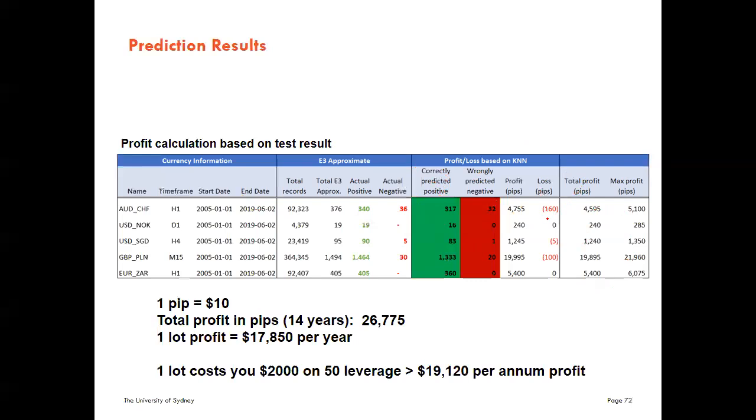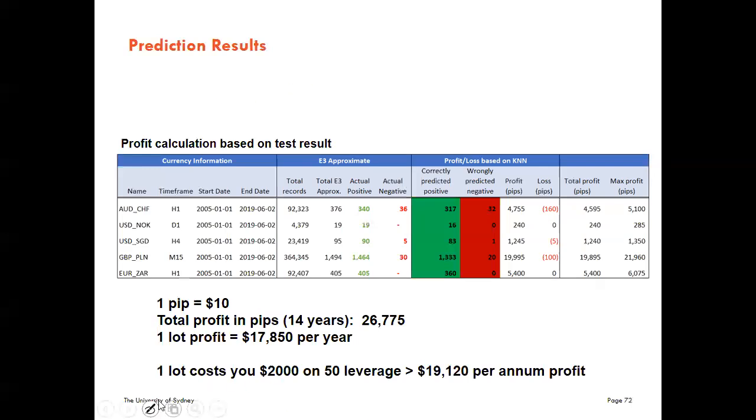So 1 pip is almost equals to 10 Australian dollars. So you do the calculation, total profit in pips over 14 years is 26,000, and you do the calculation and it comes out to be almost 17,000 per year.